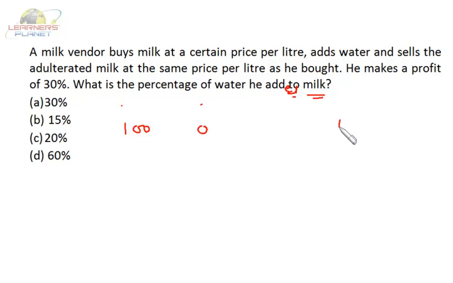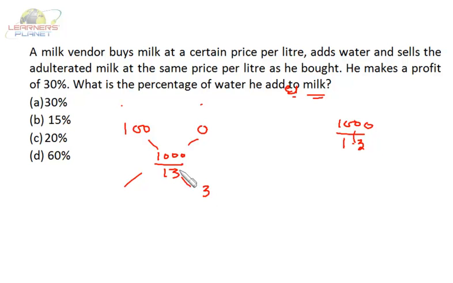Okay, so if 100 rupees is the selling price of adulterated milk, that means the cost price of adulterated milk will be 100 by 1.3, or we can say 1000 by 13. So it is the price of pure milk, it is the price of pure water, and it is the price of adulterated milk. Okay, so let's calculate this.